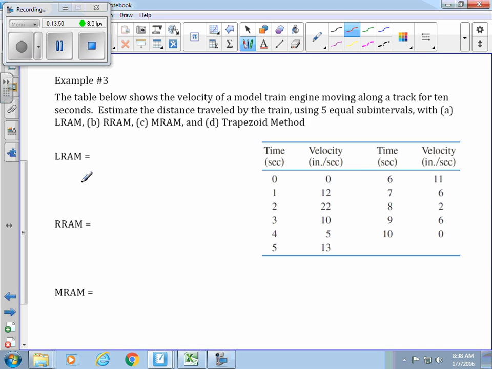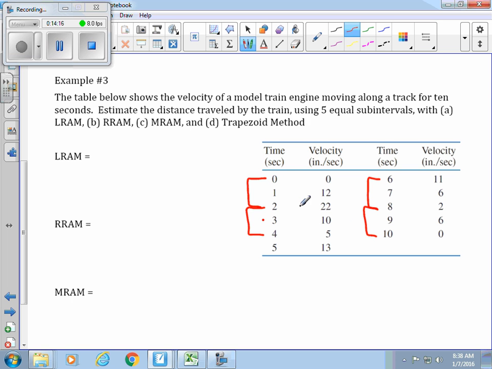I'm using 5 rectangles. I'm going from 0 to 10, right? So how wide is each rectangle? 2 units. So I'm going to kind of mental note that by 2 to 4, 4 to 6, right? 6 to 8, and 8 to 10. So I'm making my rectangles there.